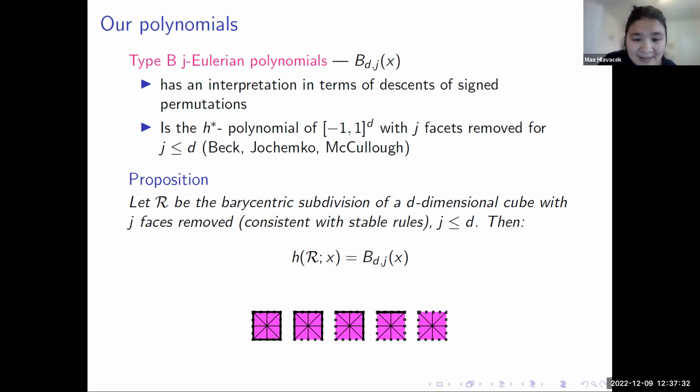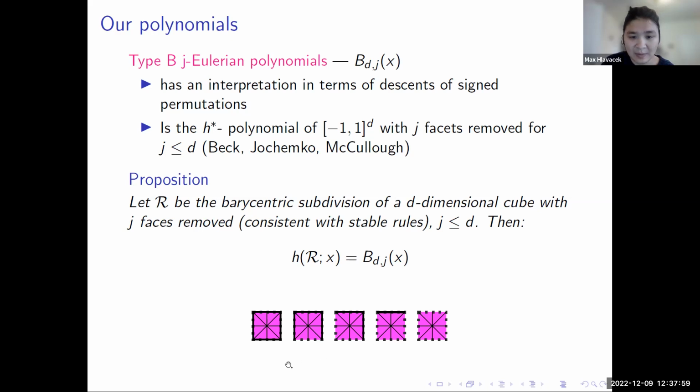So it turns out that if you have a d-dimensional cube, you take the barycentric subdivision of it and you remove j of the faces, where j is less than the dimension. So in this specific picture here, the dimension is 2. So I can remove no faces, I can remove one face, or I can remove 2 faces. So this proposition only applies to these first 3.